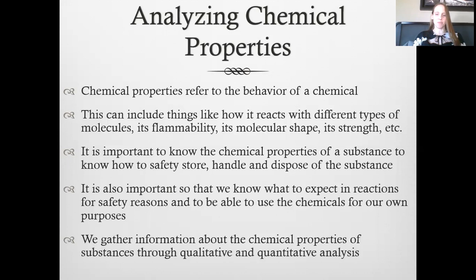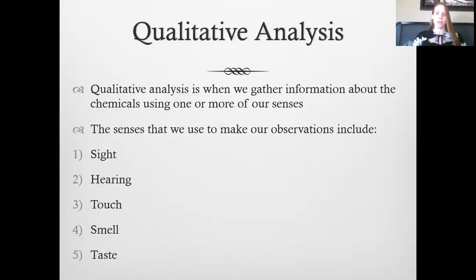So we gather information about chemical properties of a whole bunch of different substances using both qualitative and quantitative analysis. Qualitative analysis is any type of analysis that you can describe in words, but not numbers. And we usually gather this information just by making observations and using our senses. So sight, hearing, touch, taste, and smell.